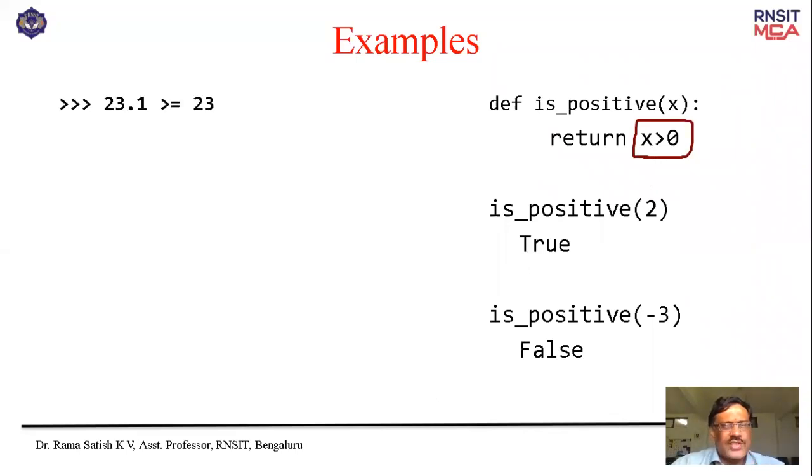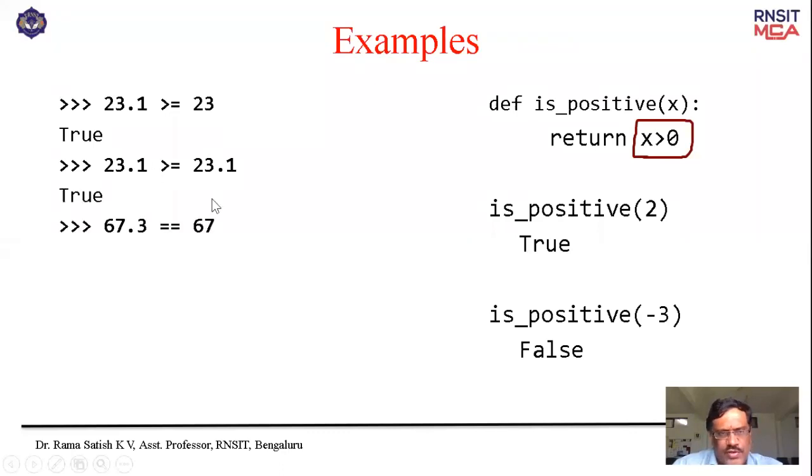Similarly, you can also check 23.1 is greater than, yes, it's true. 23.1 is greater than or equal to 23.1. Yes, it is true, because you have equal here. Similarly, the equal to operator, and you can certainly check the equal to operator and not equal to operator.